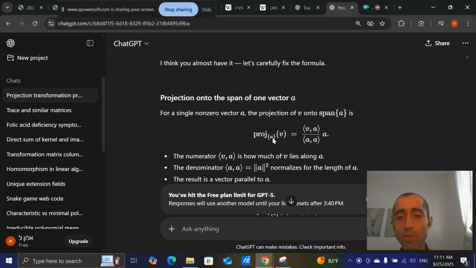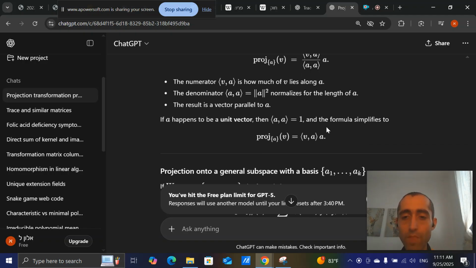So to project V onto the span of A, you take the inner product of V and A, divide by the inner product of A with itself, which is the norm squared of A, and multiply by A to get the direction. Of course, you can use more vectors in the span, but this is the very simple way.